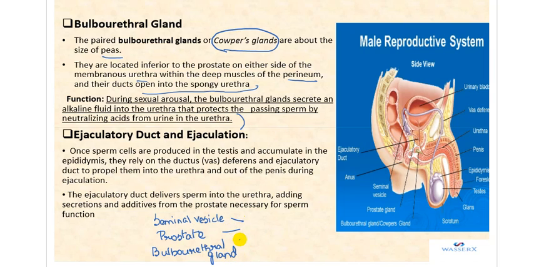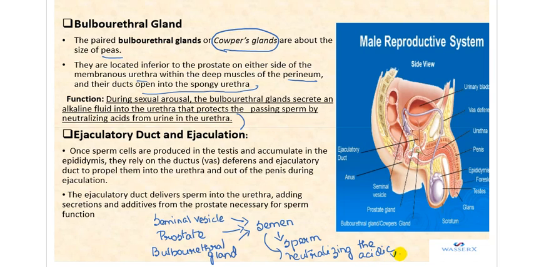Together they produce the semen. Okay, and the semen basically nourishes the sperm, and it helps in neutralizing the acidic vagina.